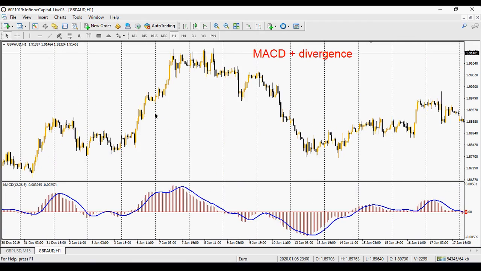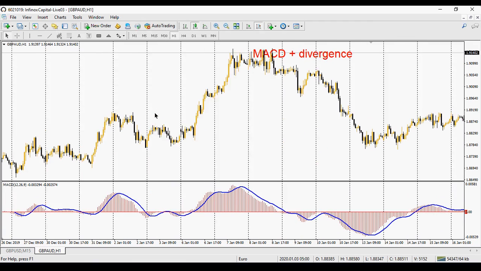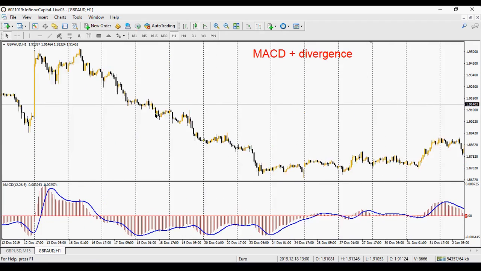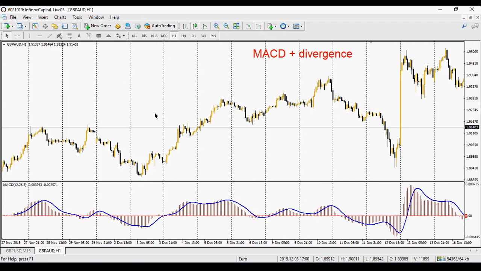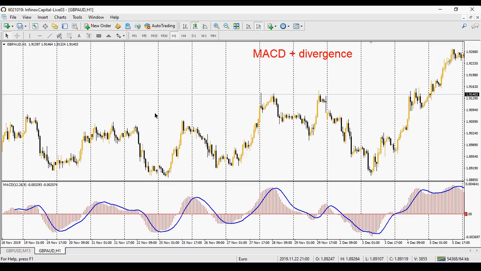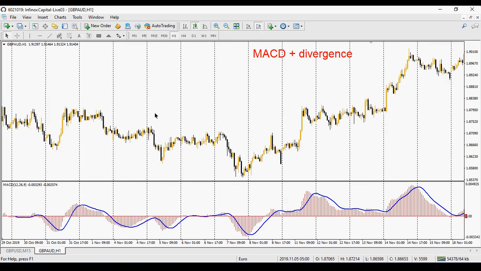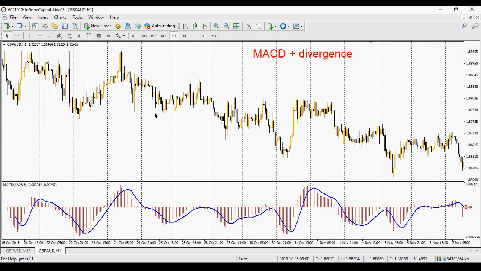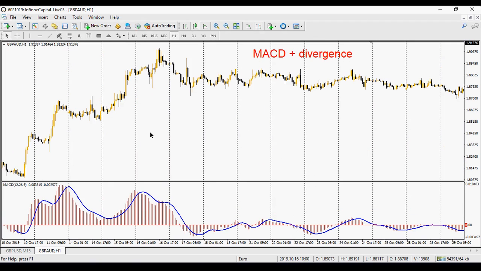Let's look for more examples of divergence. There are other ways you can use the MACD, but I'm looking for divergence because it's always very powerful. Look at here, price has been bullish.